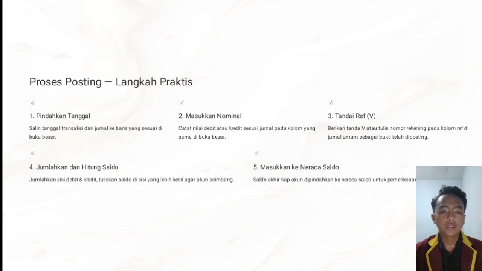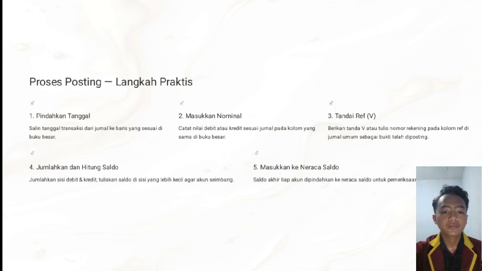Next, the posting process consists of several simple steps. First, transfer the transaction date from the journal to the matching line in the ledger. Second, record the debit or credit amount according to the journal.